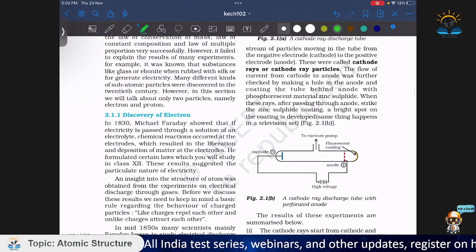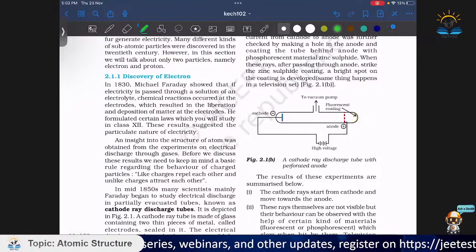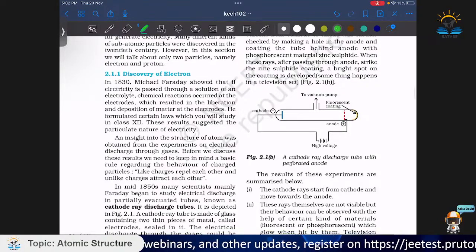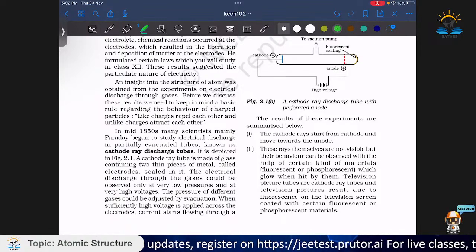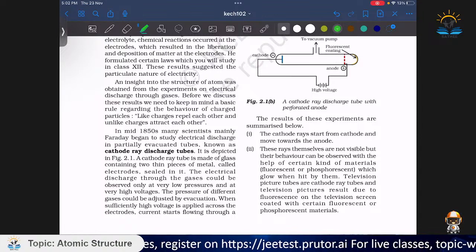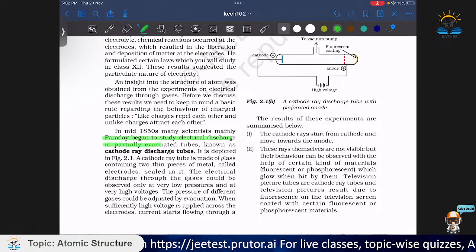Okay. First, discovery of electron. This was basically from the cathode ray tube. The scientist was Michael Faraday, and he began to study electrical discharge in partially evacuated tubes known as cathode ray discharge tubes.